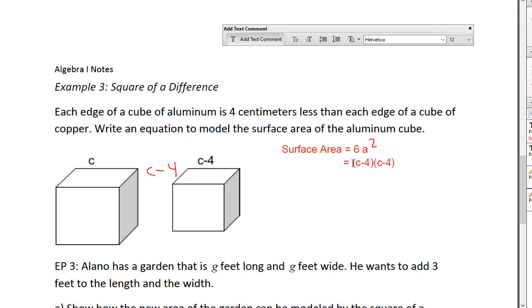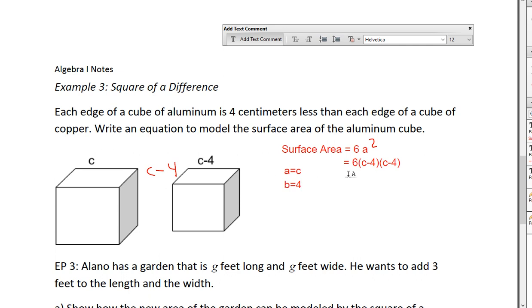And there will be 6 of those. Okay, so we just have to do this math. How do I FOIL or use our special product for subtraction? Well, for this, we did what's A and what's B. So A equals C and B equals 4.